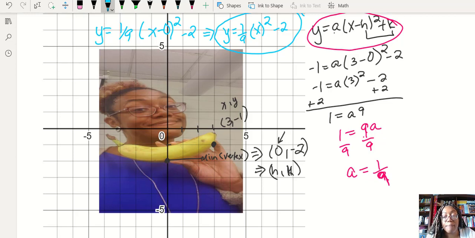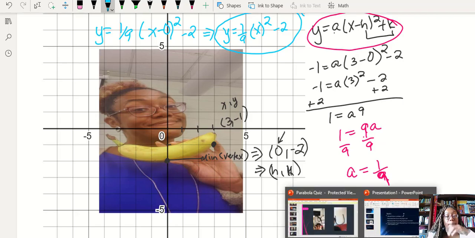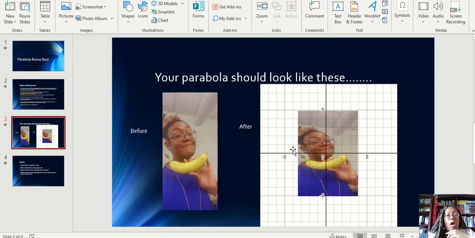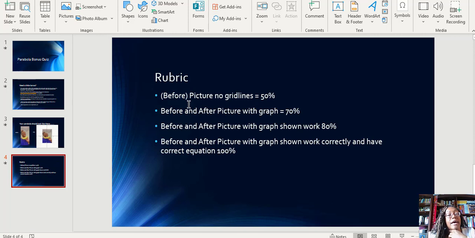So again, you need to do this. And once you have completed and found your equation and uploaded your graph, then you can come back and put all of your information into your own PowerPoint. Again, this is the rubric. If you have only just the picture, the before picture, that's only going to be a 50%.